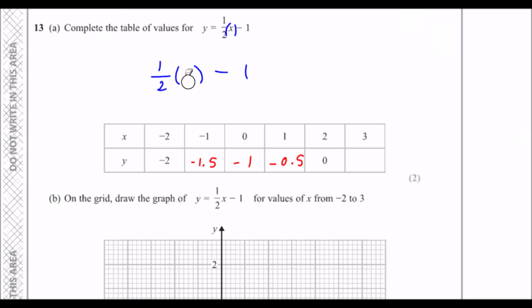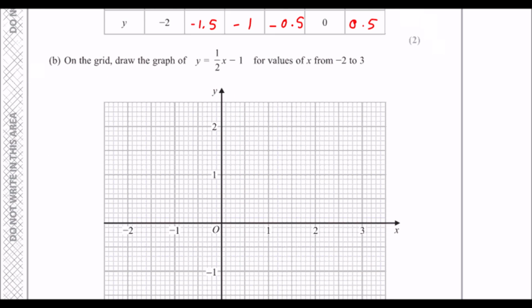And again, go back in and change it to 3 finally. And you could also probably spot a pattern by now. It's going up by a half every time. So we should be getting out a half or 0.5 for the last answer.